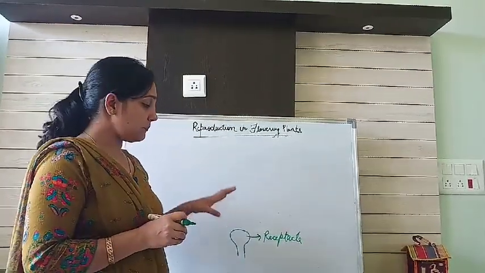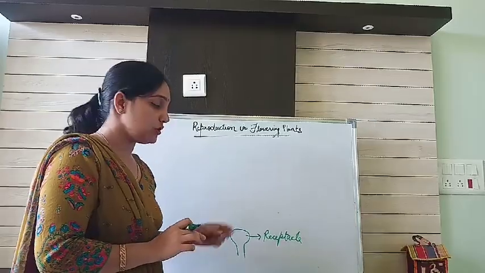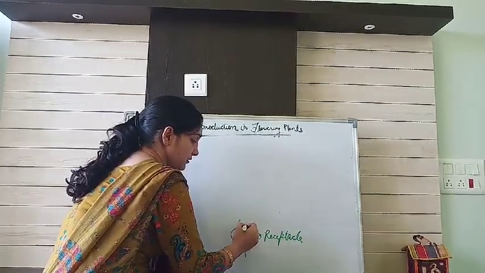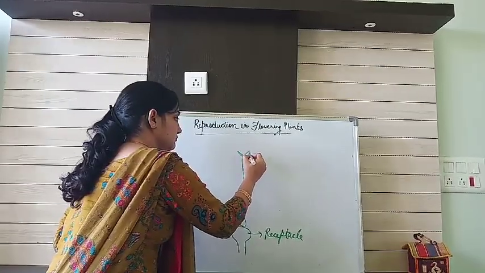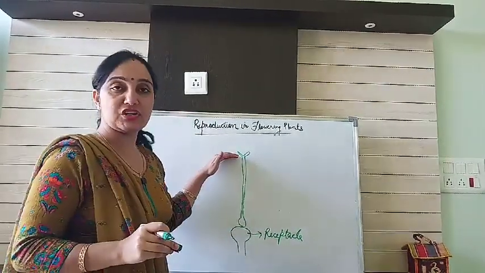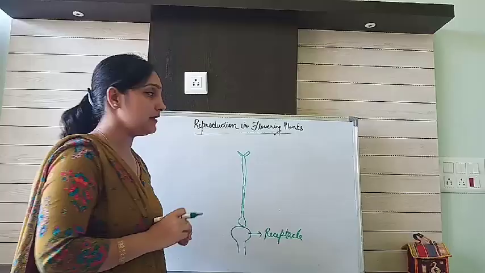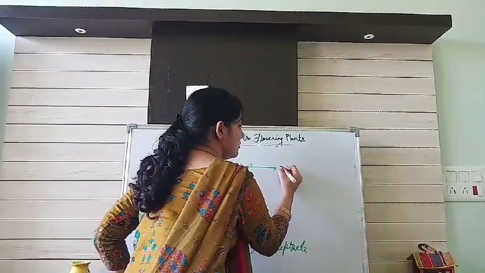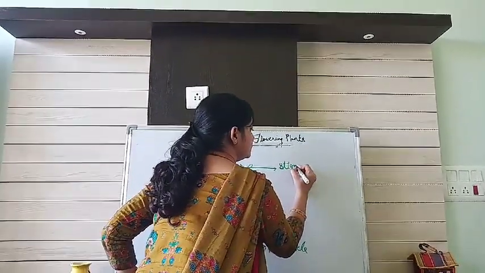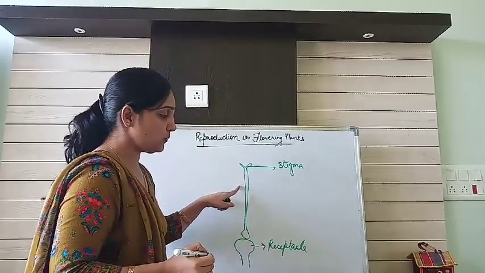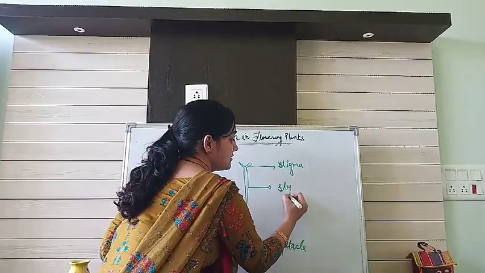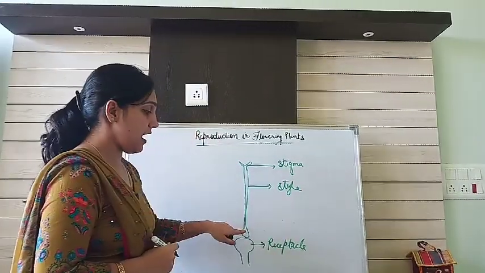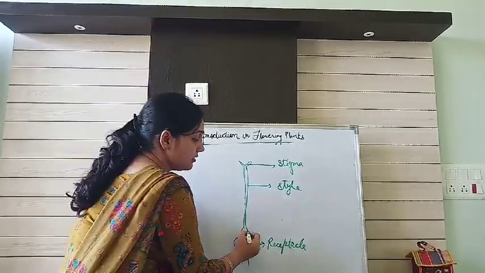Now we will mark the parts from the innermost portion. The innermost portion is this. The upper portion is a bulb-like structure, we call it stigma. This tube-like structure is called style, and at the bottom we have the ovary.